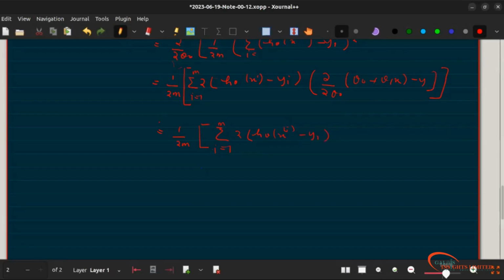And then if you take the derivative of this one, you are going to get 1 minus, because this theta 1 x doesn't have any theta naught there. So the whole of this will be equal to 0 minus 0. So this is simple.